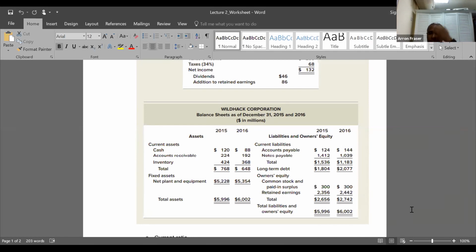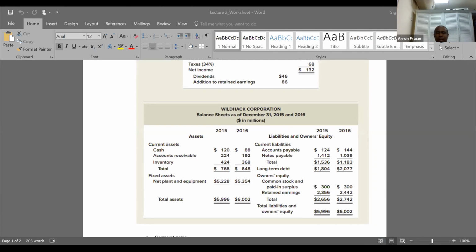And total equity is made up of common stock, that's shares, the price of the shares, and what we call here paid in surplus, and all retained earnings. That's owner's equity. So we'll have as the answer, total assets of $6,002 minus total equity of $2,742 divided by total assets of $6,002.